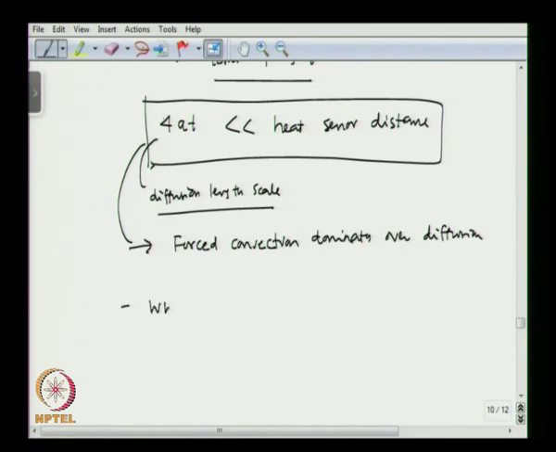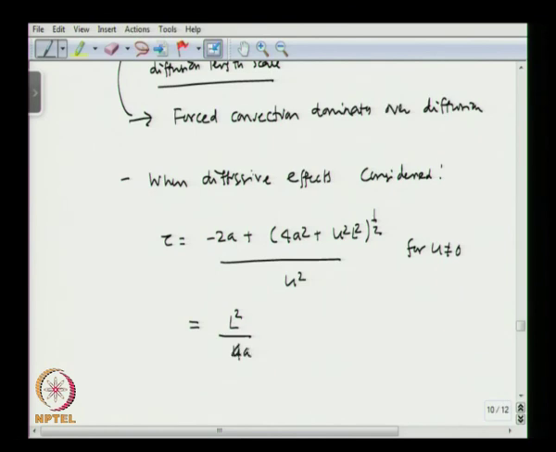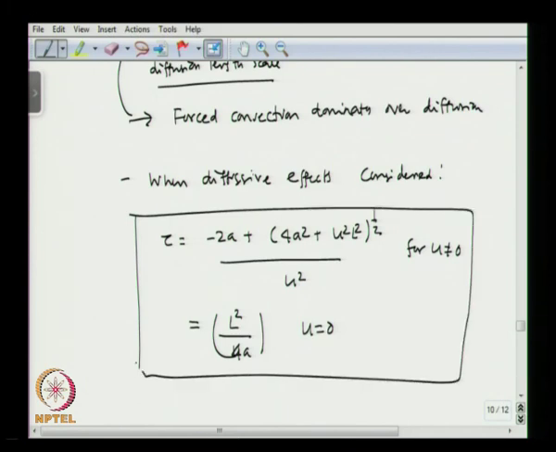And here the diffusive effect is negligible. When diffusive effects are considered, then the time scale tau will be (minus 2a plus square root of (4a square plus u square L square over half)) divided by u square, and that is for u not equal to 0, and when u equal to 0 this is going to be L square over 4a, okay.